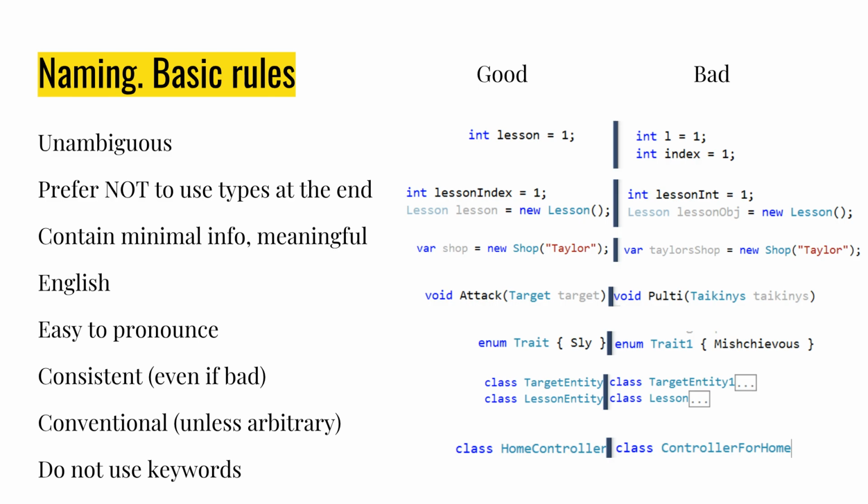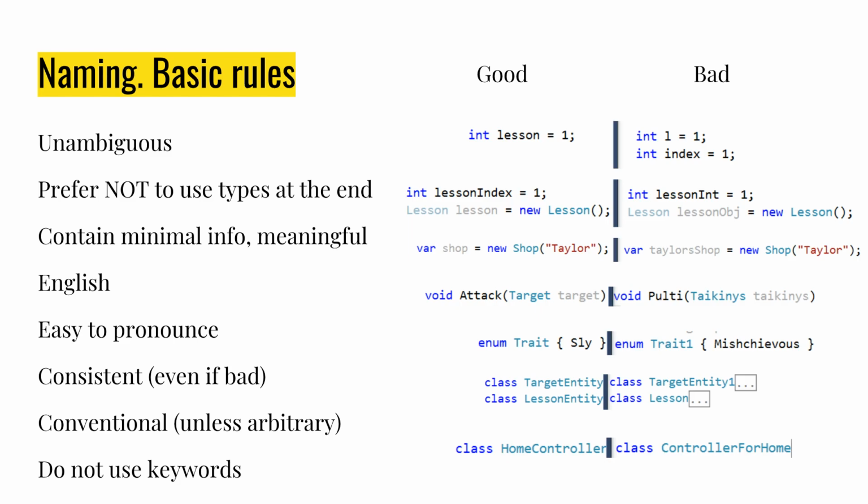Also, in this example, lesson itself should not have a type, as the type is obvious and it can be guessed by a compiler based on the type we use for the new keyword initialization. So var is enough in this case. And for that reason we also don't need lesson object, because it's just noise and doesn't give any information.